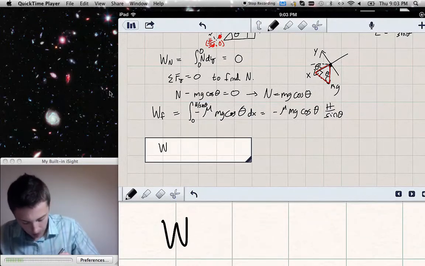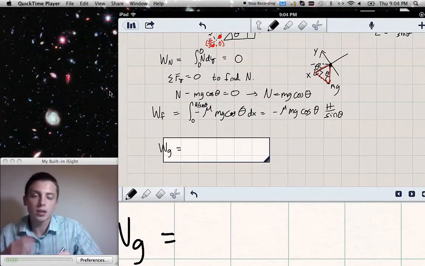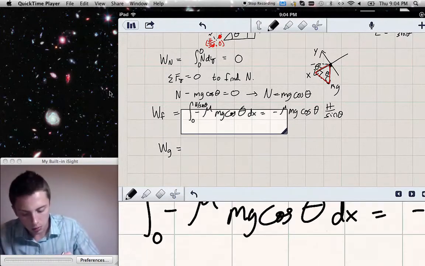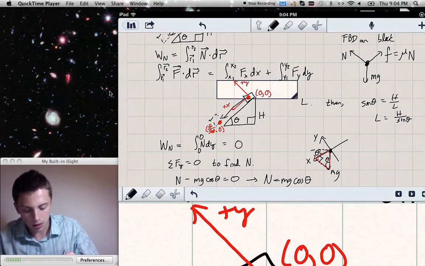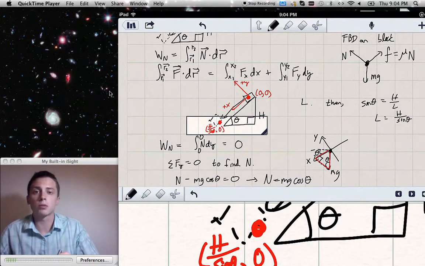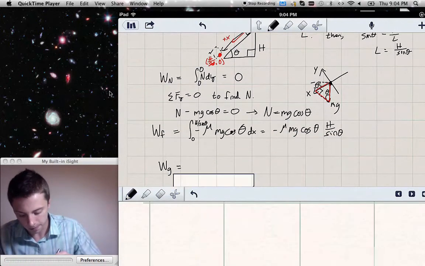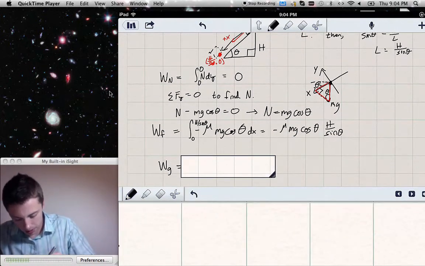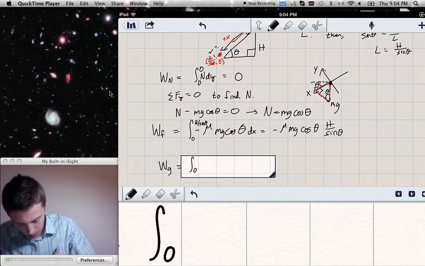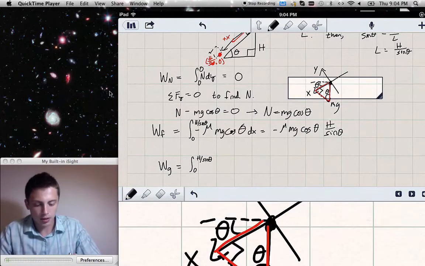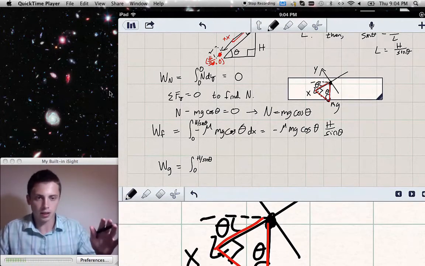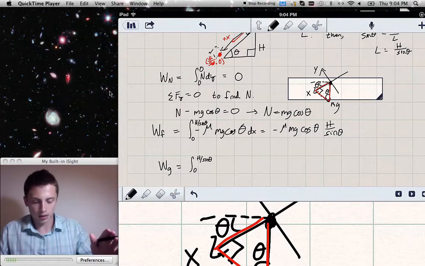Lastly, there's mg, the work done by gravity. Okay, so we need the x and y components of gravity. But notice that once again in the y direction we're integrating from 0 to 0, so the y component of gravity will not matter. So we'll just integrate over x, going from 0 to, once again, h over sine theta. And the x component of gravity is the first one I mentioned the last time that I was looking at this diagram.